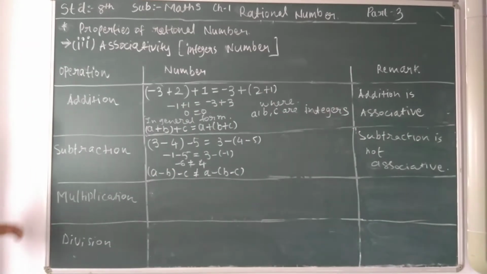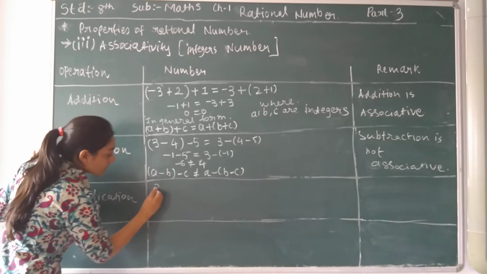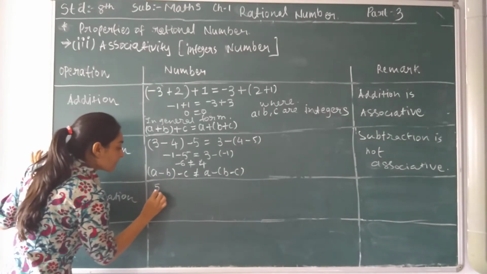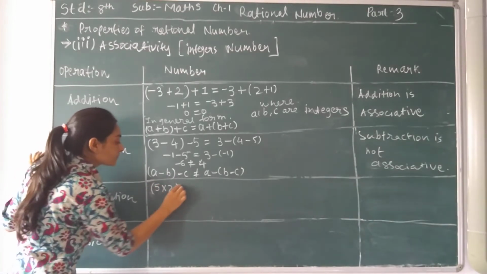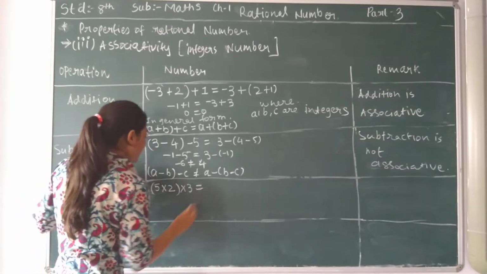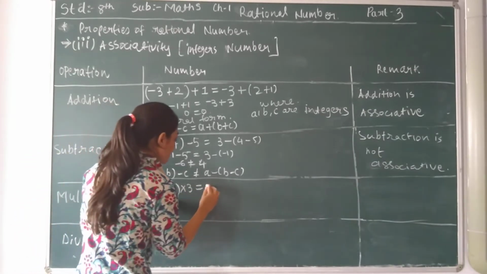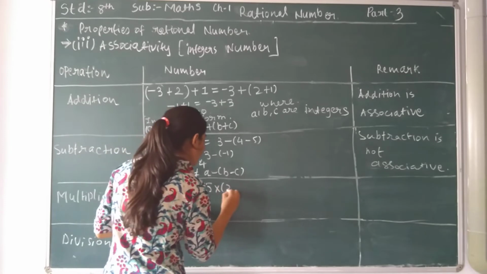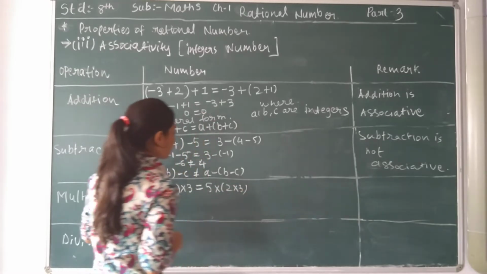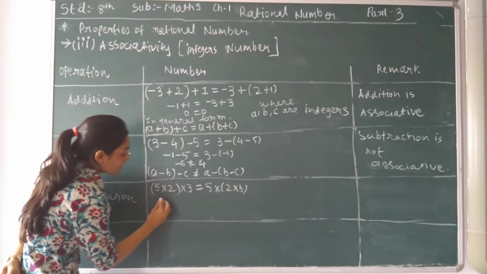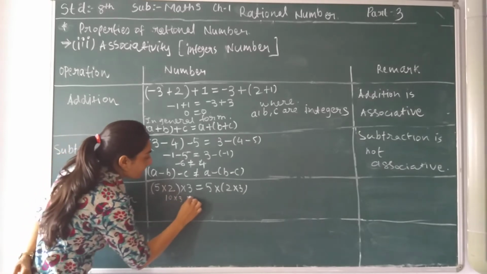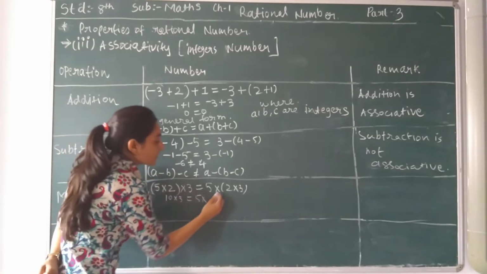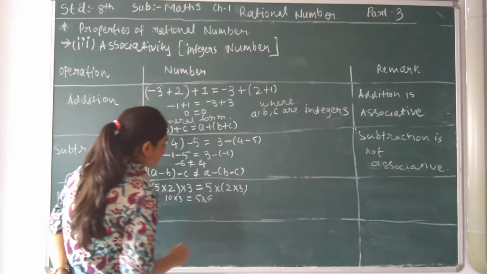Now let's do the multiplication. Take any numbers, say (5 into 2) into 3 and check. 5 into (2 into 3). So the answer is 10 into 3, and 5 into 6.